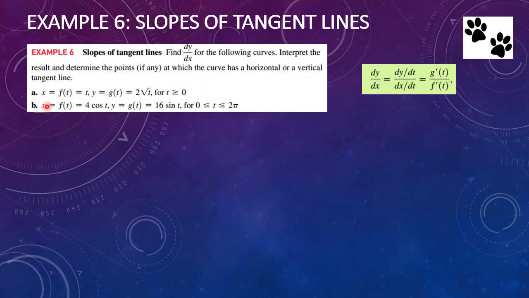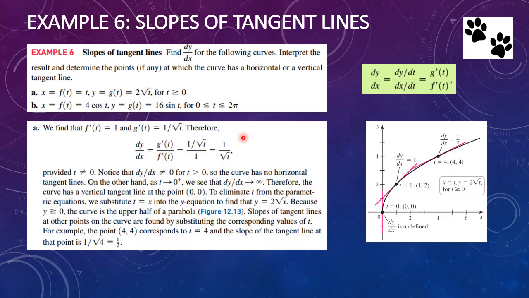Notice here for part A, we have simple equations, x equals t and y equals 2 times the square root of t. These are both easy to take derivatives of to find out what our dy/dx is. We find that f prime of t, the derivative of t, is 1, and the derivative of g of t, or 2 times the square root of t, is 1 over the square root of t.